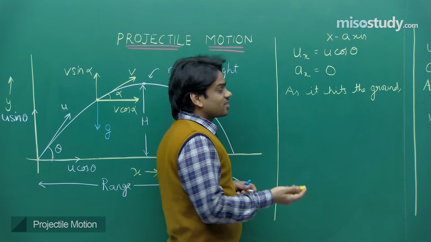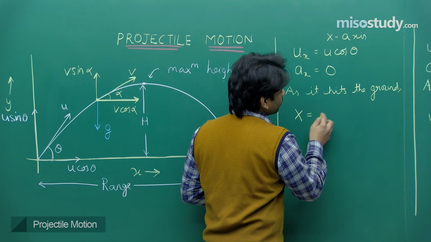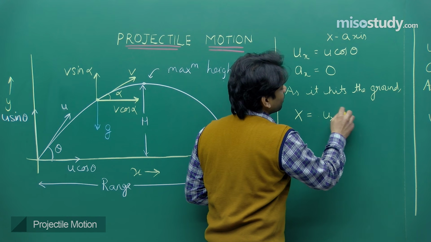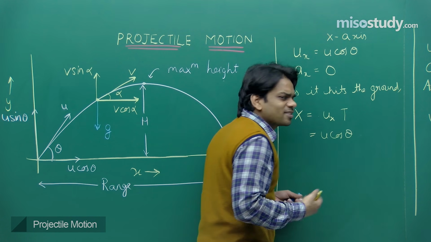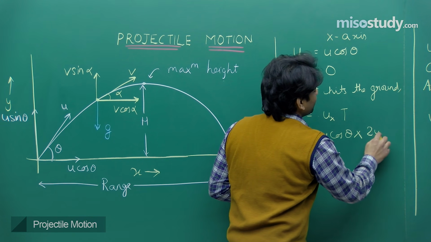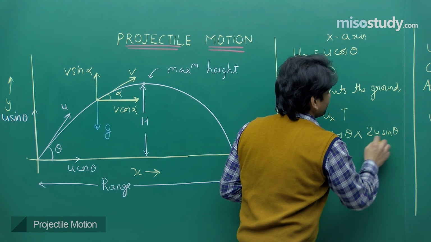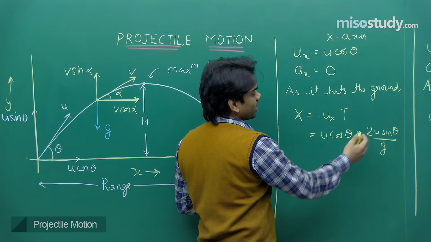the horizontal distance traveled, let us mark this with x, this will be equal to ux multiplied by time t. Ux is u cos theta, and since there is no acceleration, we can directly find out speed into time, and time was 2u sine theta by g. See what will come out, u square, and 2 sine theta cos theta.